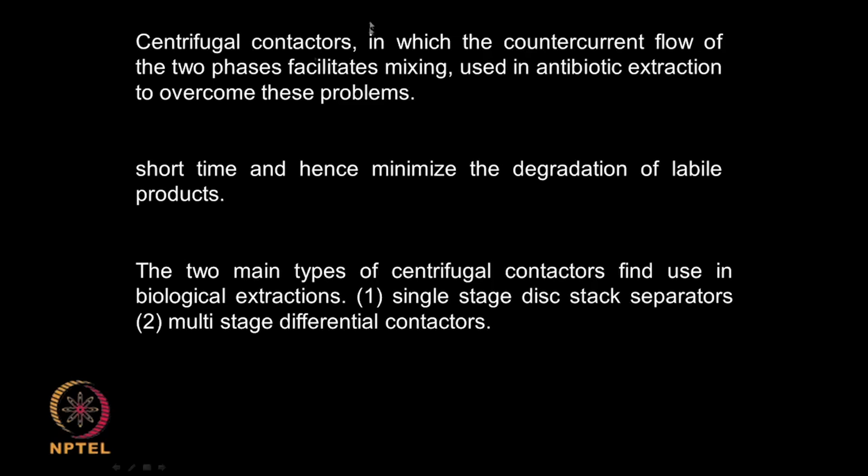Then centrifugal contactors is another approach where you can get very high mass transfer and dispersion, so that the transfer of solute from the feed into the solvent becomes very facile. Centrifugal contactors occupy less space, can be operated in counter current manner, and the contact time could be very short. So, you can minimize even the degradation of labile products using this.